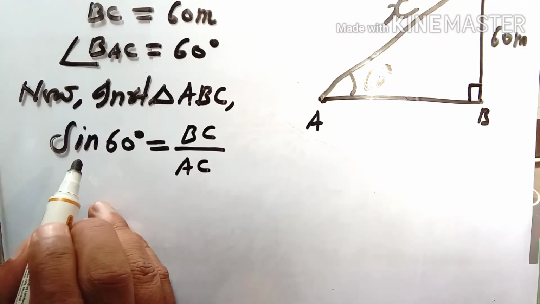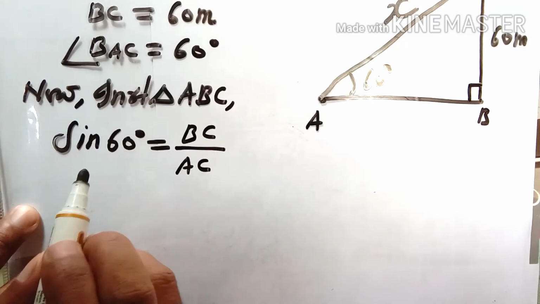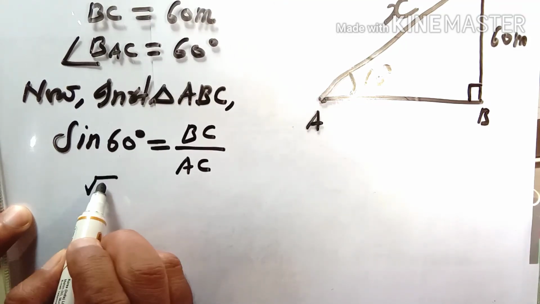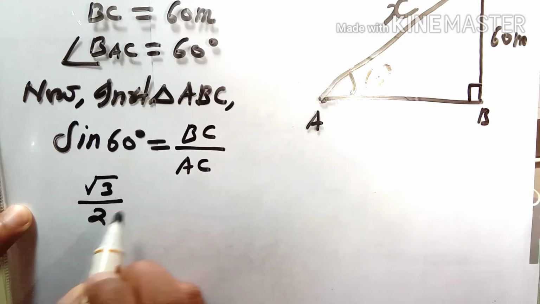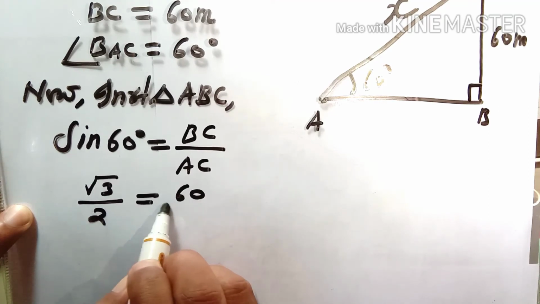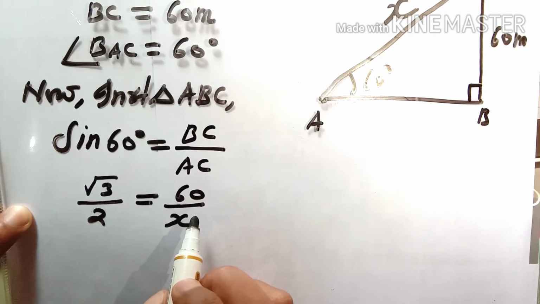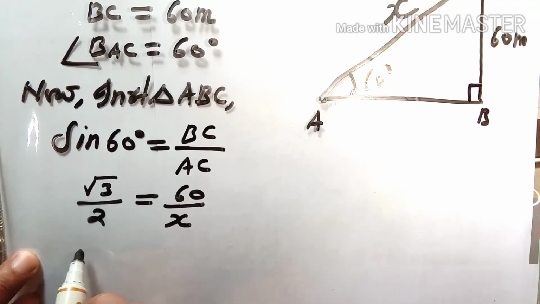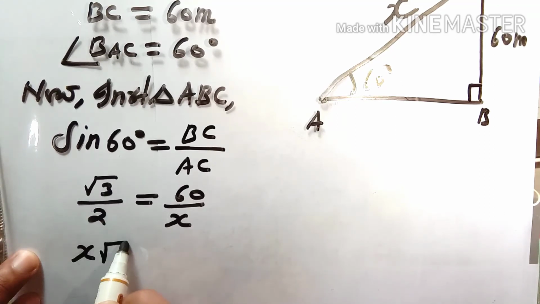Now take the value of sine 60 degrees, which is root 3 divided by 2, equal to BC, which we have labeled 60, over AC, which I have labeled x. After that, take cross multiplication: root 3 into x equals root 3x.